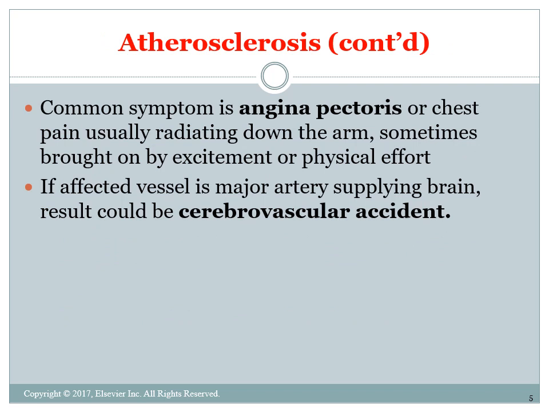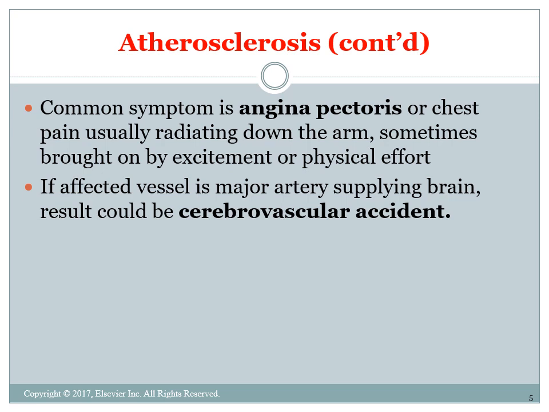So a common symptom is angina pectoris, or chest pain, usually radiating down the arm, sometimes brought on by excitement or physical effort. So you get more pain when you need more oxygen. So when people are usually exercising or doing something and they need more oxygen and they have those narrow passageways, they're not getting the oxygen they need, and then usually it leads to angina pectoris or chest pain.